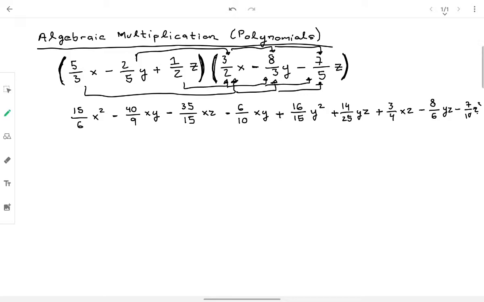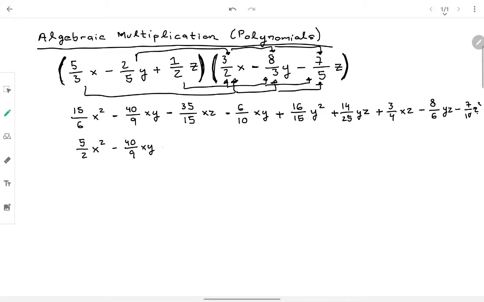Then after we do this multiplication, we can simplify our fractions, or we can first make the like term simplification, and at the final step simplify the fractions, it's up to you. I will simplify this fraction, so in this case we can divide by 3, and it will be 5 over 2 x squared. The next one we cannot simplify, so it will be minus 40 over 9 xy.